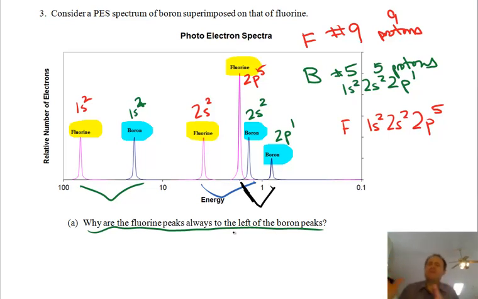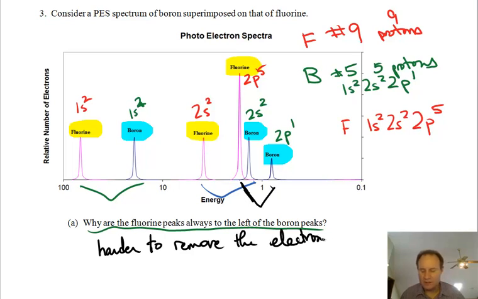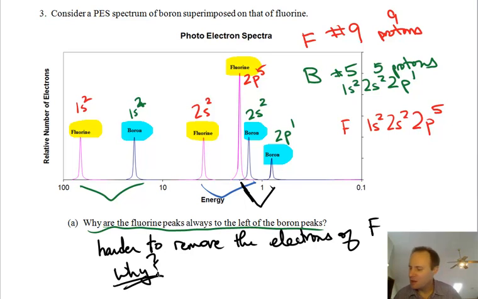So it's like everything for fluorine is shifted to the left towards higher energy. So we would say that it is harder to remove the electrons of fluorine. But why? That's our key question. Why is it harder to remove?